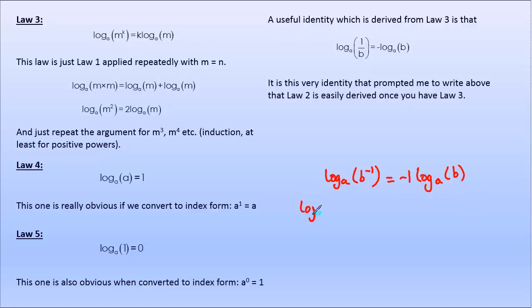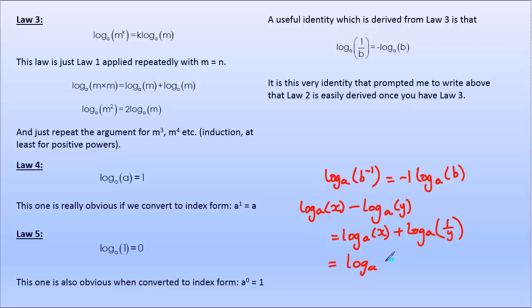So if we have log to the base a of x, take away log to the base a of y, then applying this, that's the same as having log to the base a of x plus log to the base a of 1 over y, and then using law 1 you just get log to the base a of x multiplied by 1 over y, which is x over y. So it's quite a nice easy one once you have this identity.